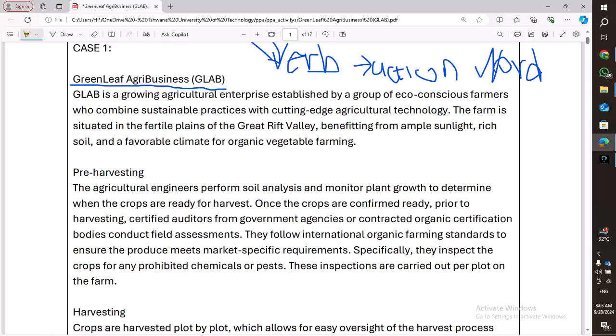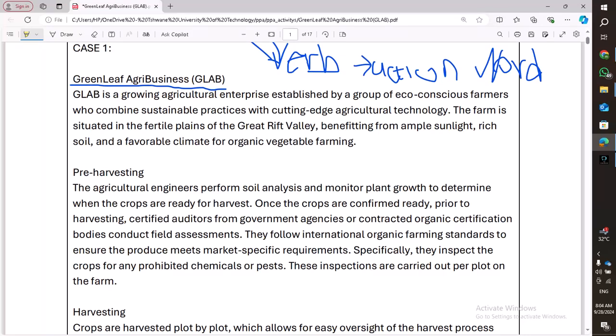The farm is situated in a fertile plain of the Great Rift Valley, benefiting from ample sunlight, rich soil, and a favorable climate for organic vegetable farming. Okay, this is an introduction of the case study.